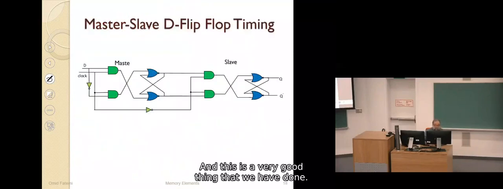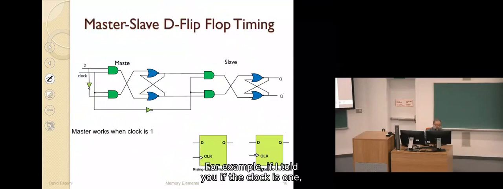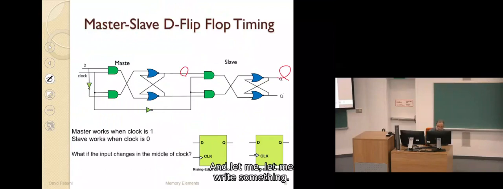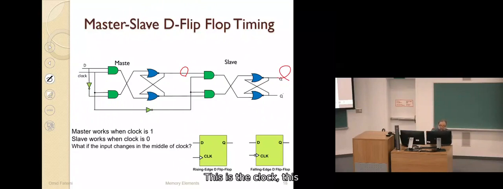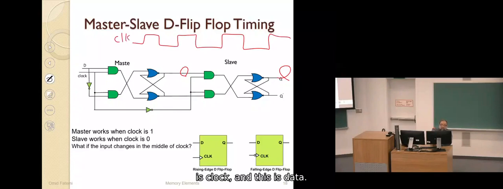And this is a very good thing that we have done. For example, if I told you, if the clock is 1, data is coming here. When clock is 0, data goes there. And let me write something. This is the clock. And this is data.